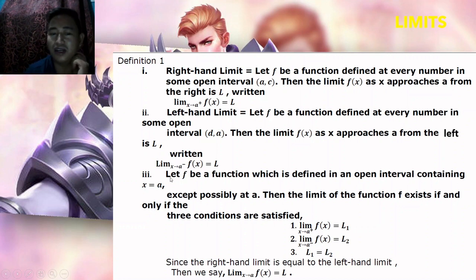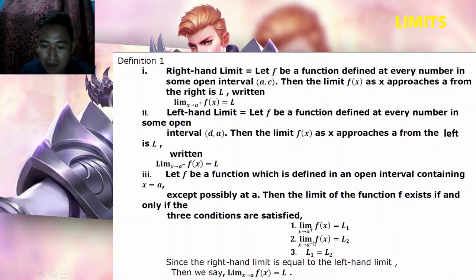Pagbasa. Kaya na siya. So, let f be a function which is defined in an open interval containing x equals a, except possibly at a. So, then the limit of the function f exists if and only if three conditions are satisfied. So, ano siya kasi mga conditions class? First condition number 1, ang limit ni f of x as x approaches a plus or a from the right is just equal to L1. And number 2, ang limit ni f of x as x approaches a negative or a from the left is equal to L2, and condition number 3 class, dapat class equal si L1 ug L2.